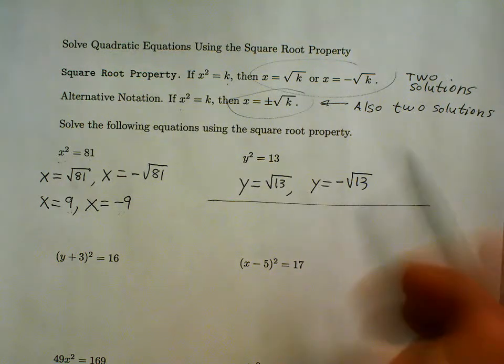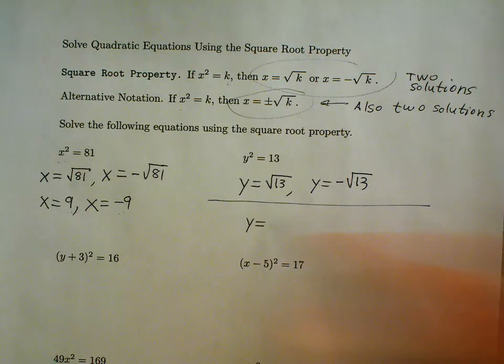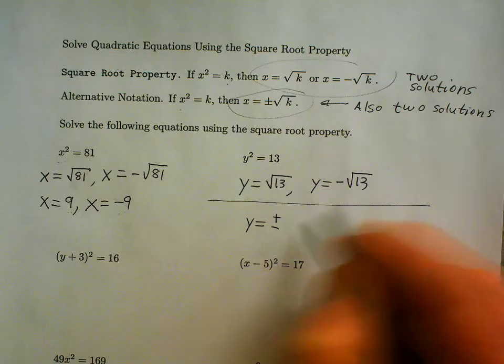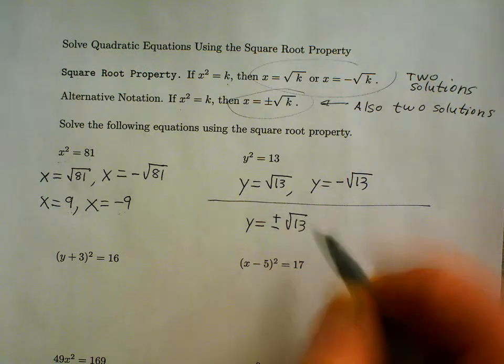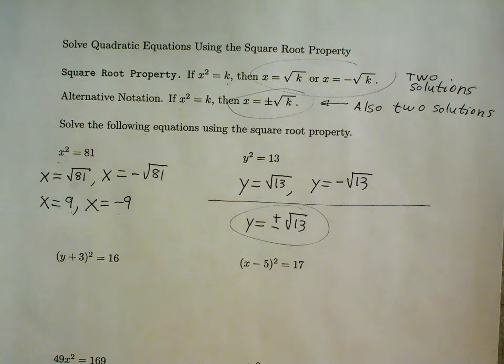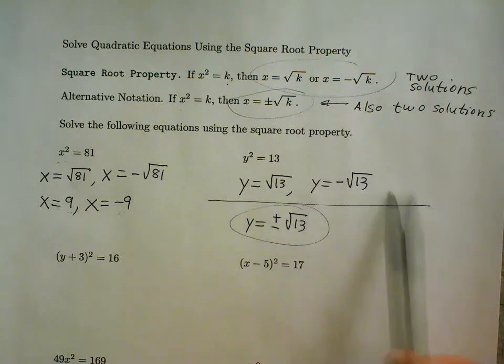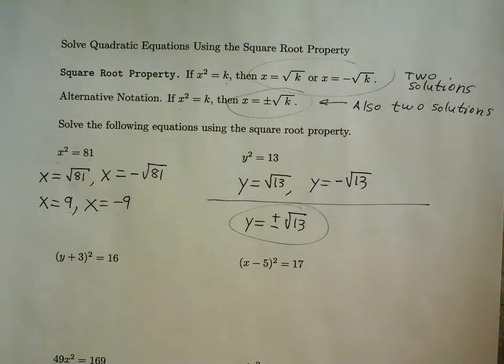So if you want, you can just write the two solutions at once, y equals positive or negative square root of 13. You don't have to list both methods, just one or the other is fine.